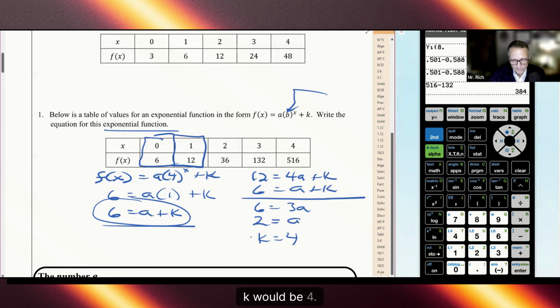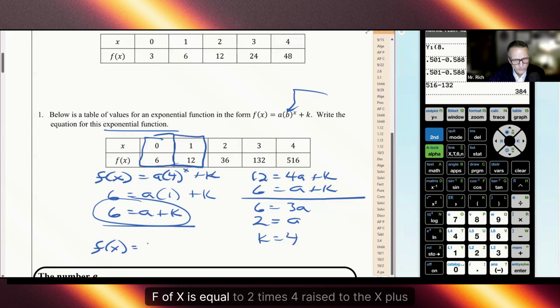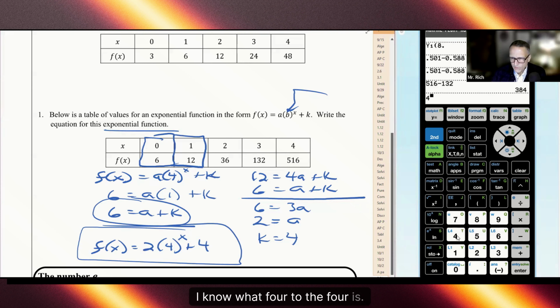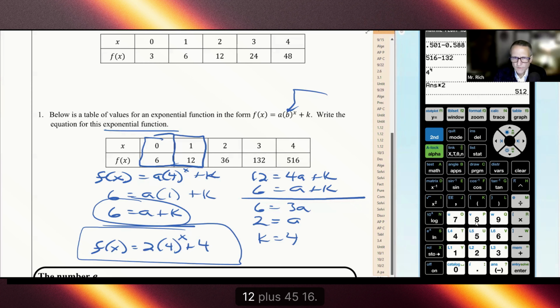No, yeah, k would be 4. So then I would know what my function is. f of x is equal to 2 times 4 raised to the x plus 4. I think that's right. Let's check that and see. I'm going to plug in 4 there. Well, I know what 4 to the 4th is, right? 4 to the 4th is 256 times 2, 512, plus 4, 516. Yeah, so it checks. So that's how we do that.